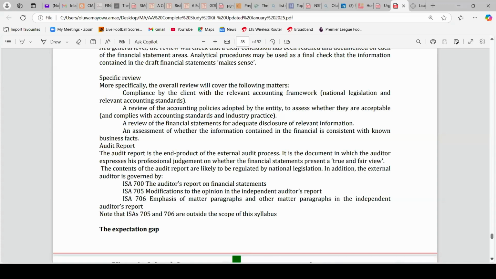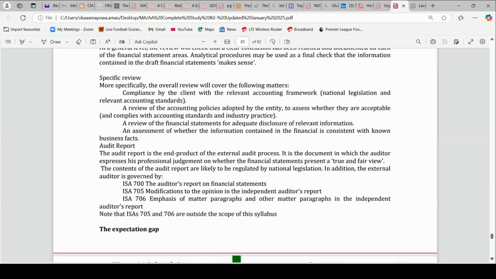Then the other one is ISA 706, emphasis of matter paragraphs and other paragraphs in the independent report. For your syllabus, we'll be looking at ISA 700, the audit reports on financial statements, then ISA 701, key audit matters in the independent report.